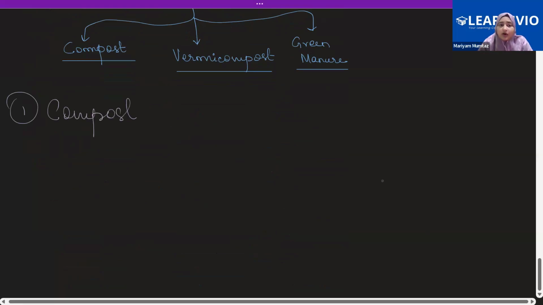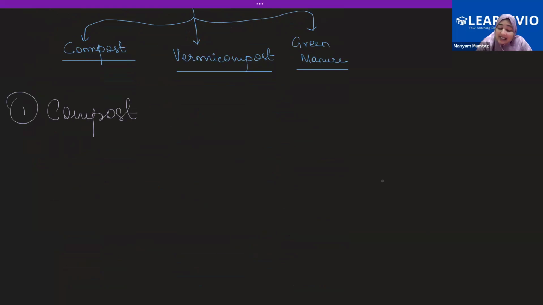Now, when we talk about compost, it is that type of manure wherein farm waste material, such as cow dung, fallen leaves, twigs of the plant, domestic waste, sewage, all of that, is collected into pits.